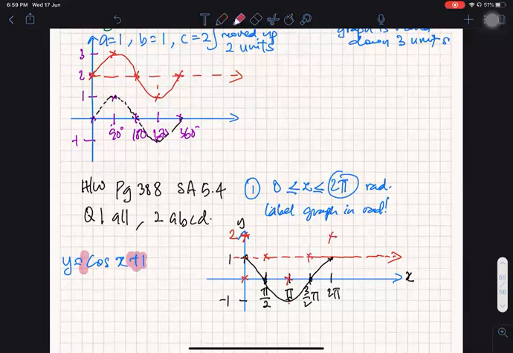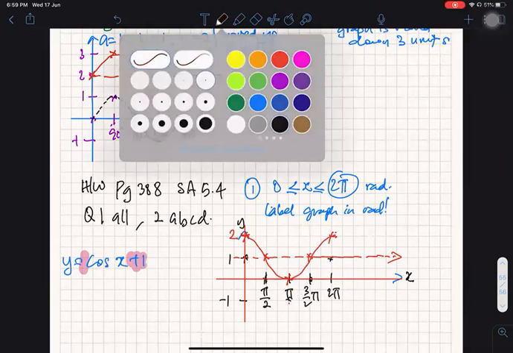Okay, forget about this point. Then you can connect the red colored points and go up. After that, erase the black one or put it in dotted line.